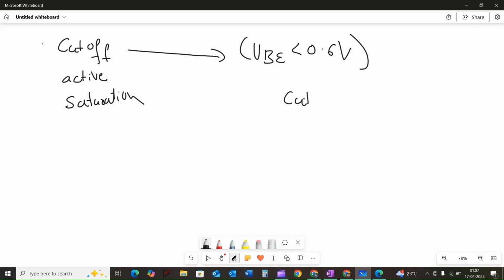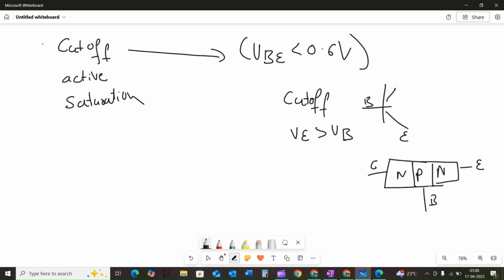For example, in cutoff region, the emitter potential VE is higher than the base VB, meaning that the base to emitter junction, if you see in the diode mode, it's a diode connected like this, is reverse biased, because here is the higher potential and this is the lower.